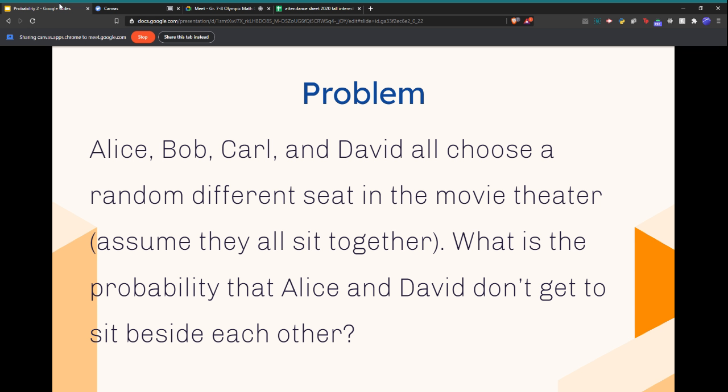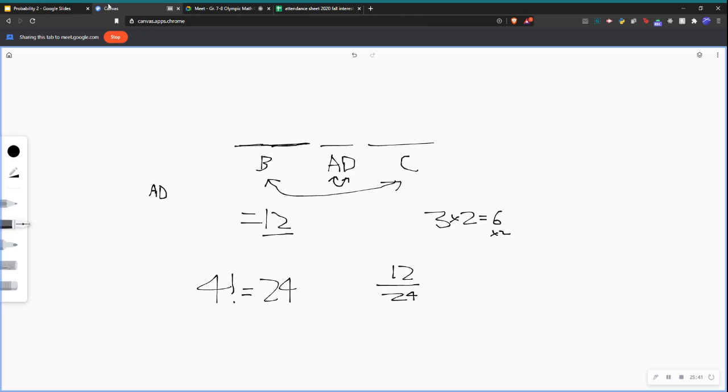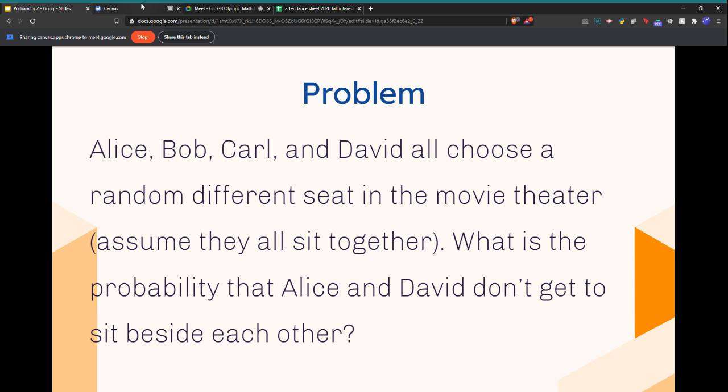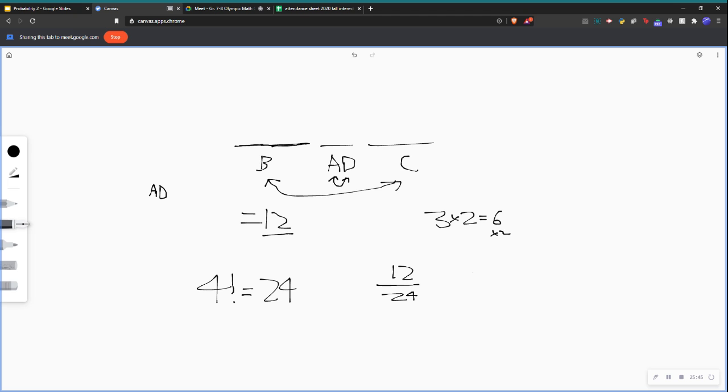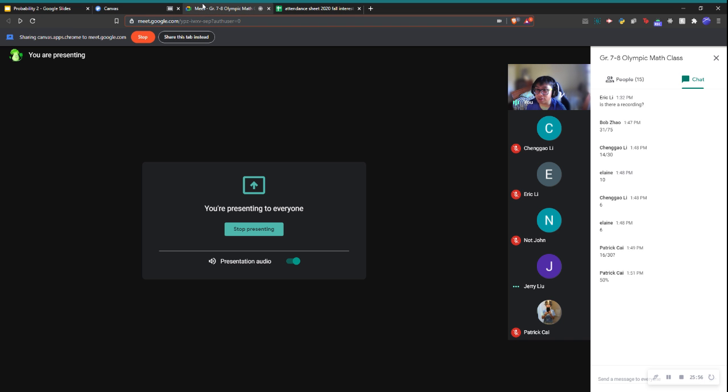But remember, we're looking at the complement probability, so you'd have to subtract this from 1. You get the same answer, 12 over 24, or 1/2. And that's your final answer. Right? Any questions?